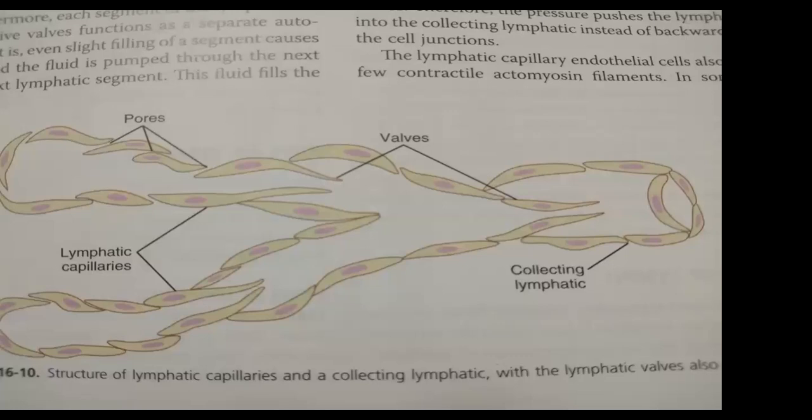Lymphatic capillaries are the small lymphatic channels which originate in the interstitium. They are like the blood capillaries, but with few differences. And one of the differences is that they are more porous, more wider as compared to the blood capillaries.